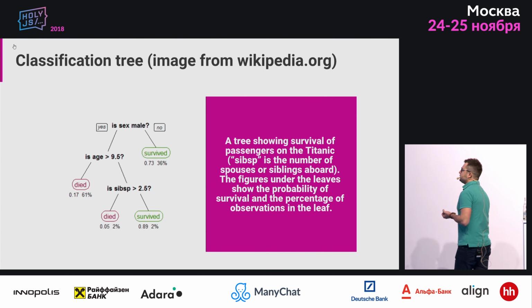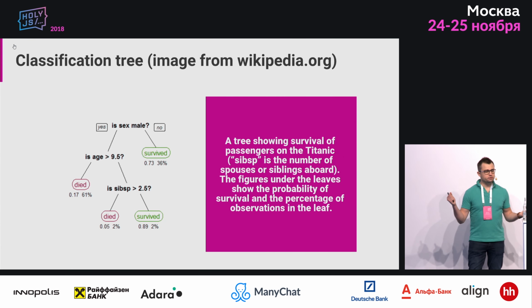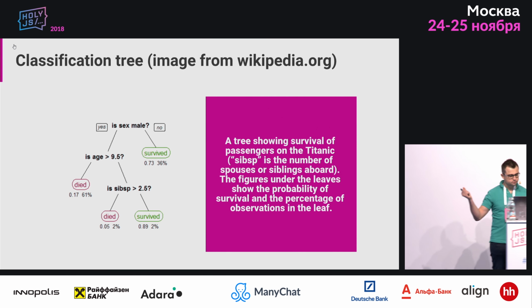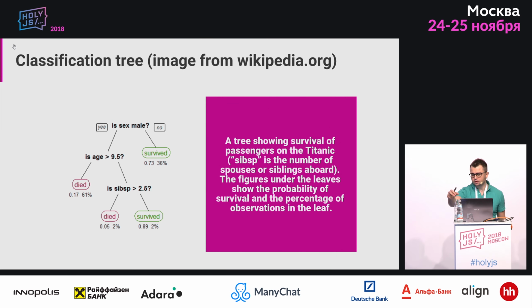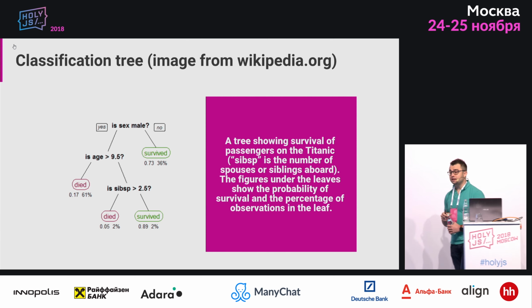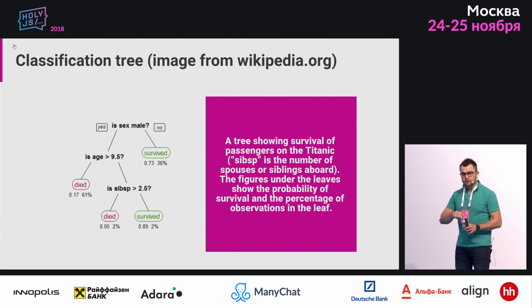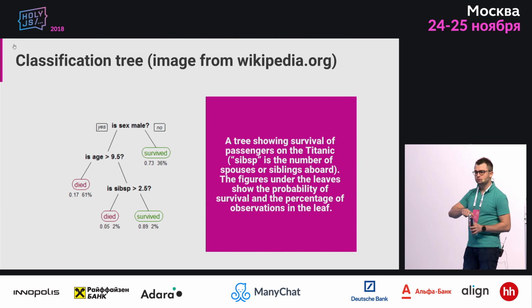Another example of classification, maybe some classification tree. In this case, you see the example of Titanic survival. Based on the data, they have built the model that, having answered a couple of questions, predicts your probability of survival.